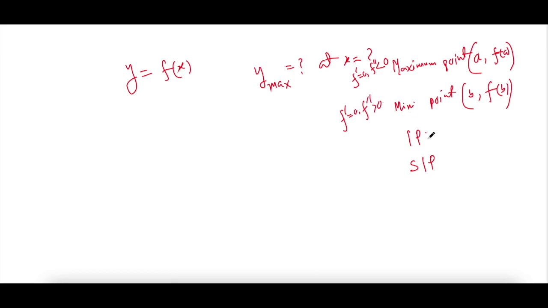For the inflection point, the first derivative is not important, but let me write here: first derivative not 0, second derivative 0, and third derivative not 0. For the SIP, first derivative 0, second derivative also 0, and third derivative not 0.